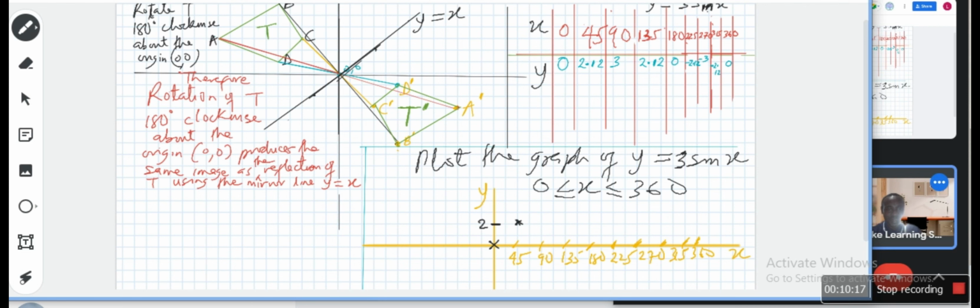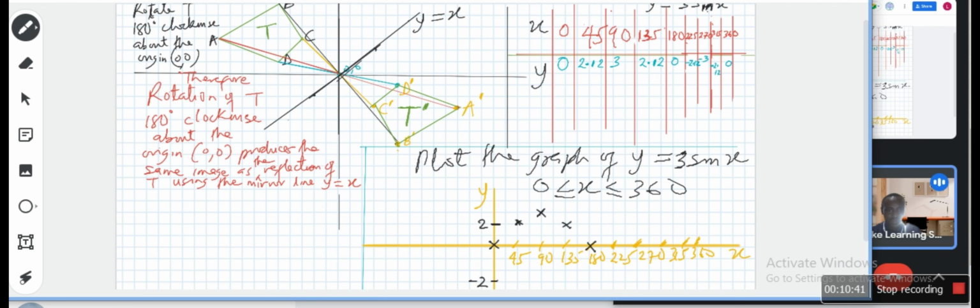Minus 2 will be somewhere here. When x is 90, y is 3, so 3 will be here. When x is 135, it is 2.12, that will be somewhere here. When x is 180 it is 0, here.